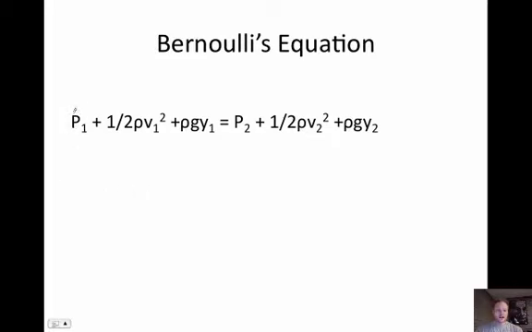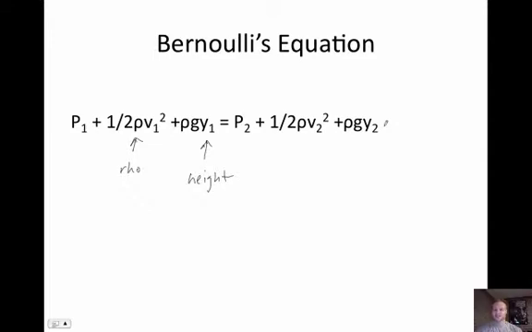So P1 is pressure 1, plus 1/2 rho, the density of the liquid, times the velocity squared, plus the density of the liquid times gravity times the height above the ground, equals the second pressure plus 1/2 rho v2 squared plus rho g times the height above the ground. And again, this looks horrible. It's really not that bad.